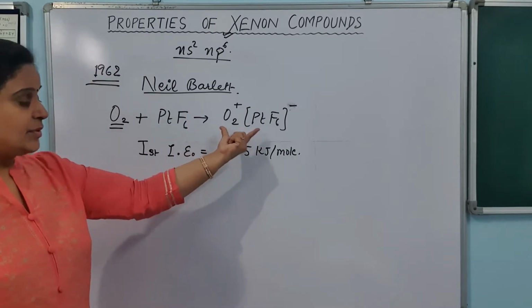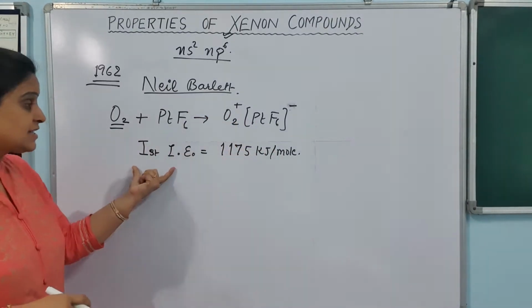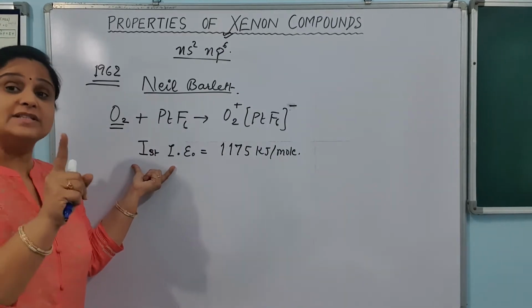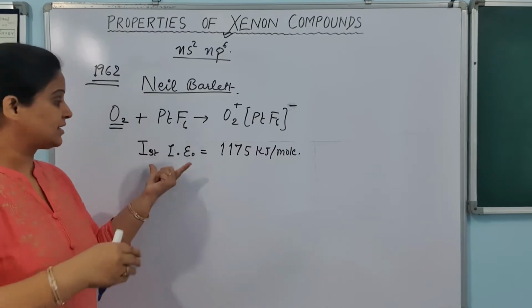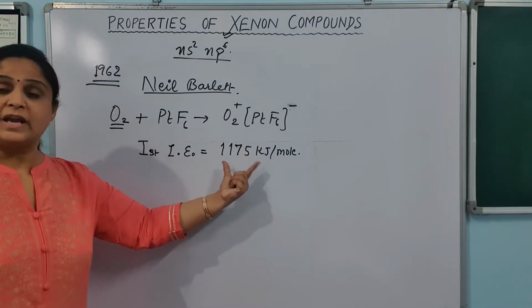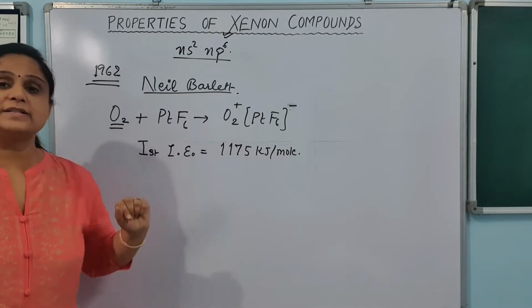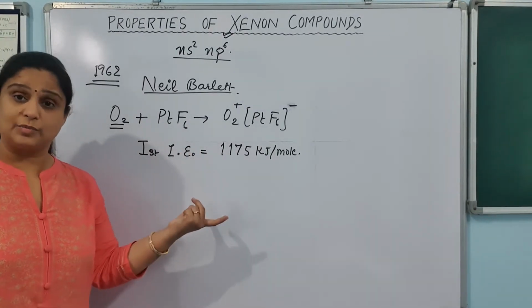So this type of compound was formed, and during this preparation he observed the first ionization enthalpy: when the first electron was released, the energy required was 1175 kilojoules per mole. Then he compared this energy required for the removal of an electron from oxygen.